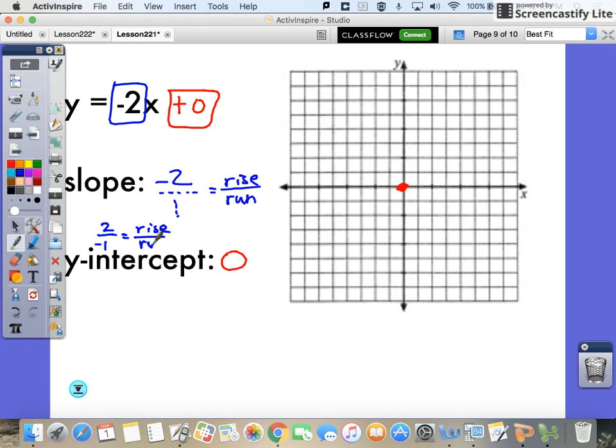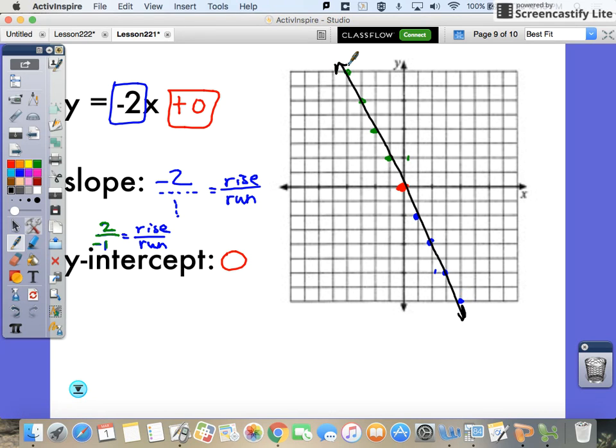It'll end up in the same line, you'll see. So for the blue one, if we go from here and drop 2, go forward 1, drop 2, forward 1, drop 2, forward 1, drop 2, forward 1. Or for the green ones, we could go up 2, backwards 1, up 2, backwards 1, up 2, back 1, up 2, back 1. We end up with the same line, and it's decreasing as it should because it's a negative slope.